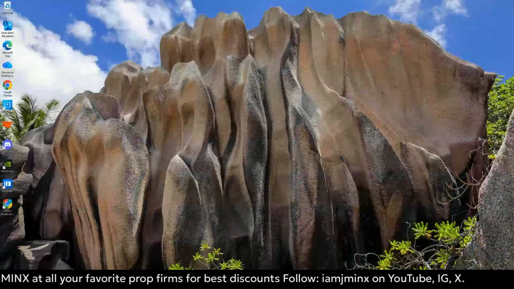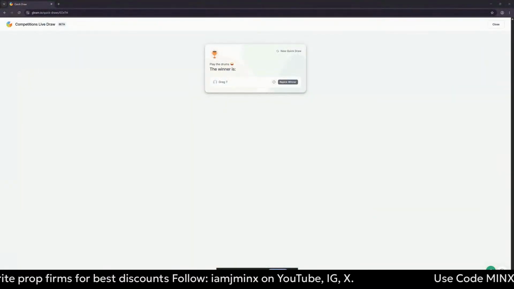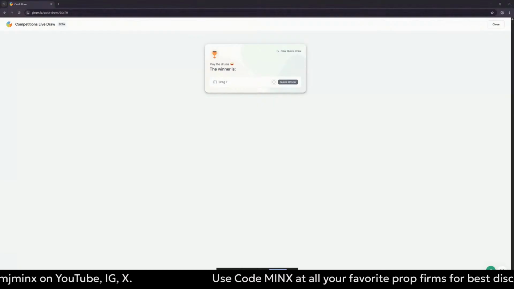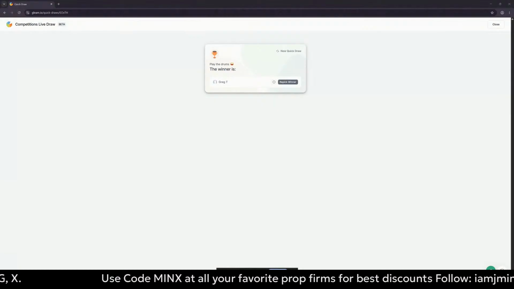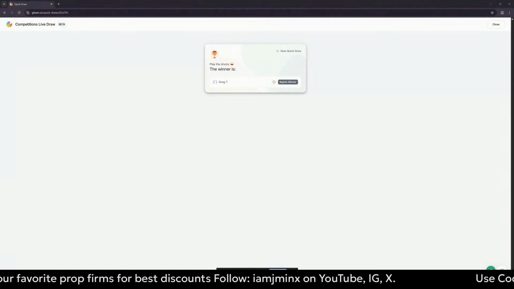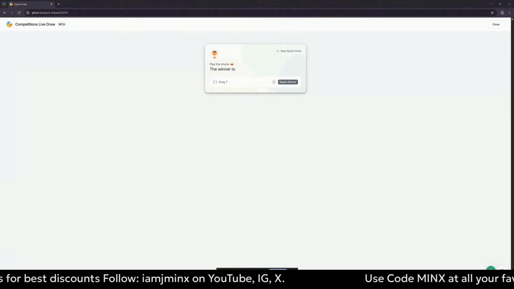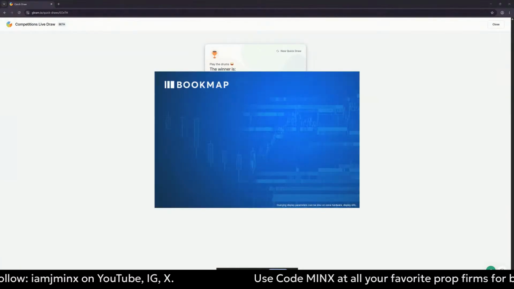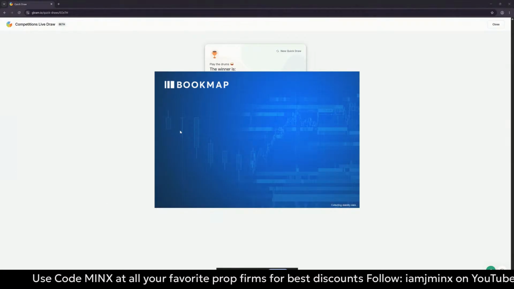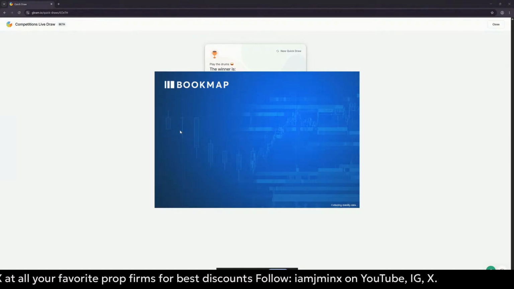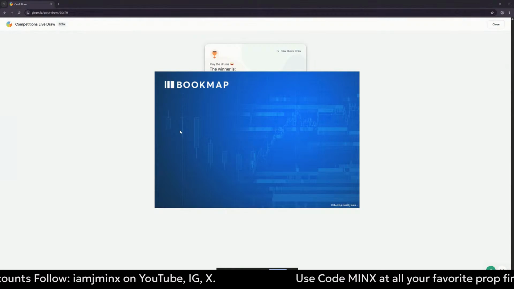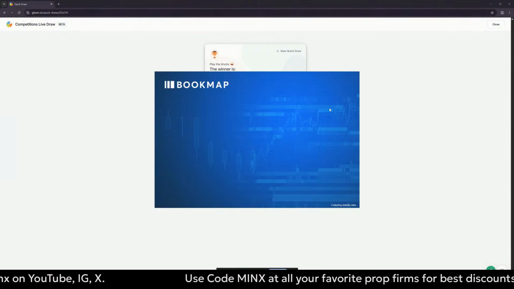Bookmap session. I don't really use Bookmap, but I can have one of my guys, Brady, come on and teach it. I do have Bookmap. The way I look at Bookmap, even though I got the most expensive one, it's like 180 bucks a month, I'm going to be streaming it more so that people can just look at it.